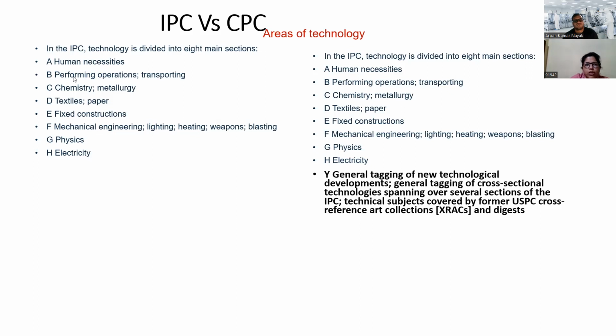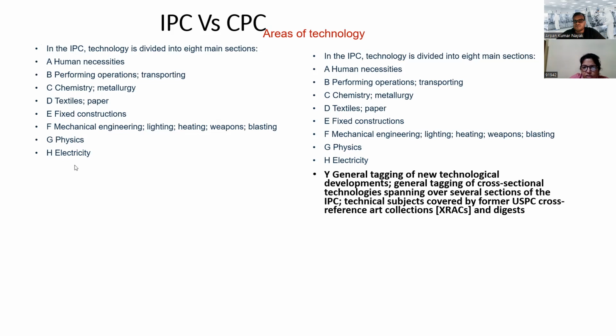If we have inventions related to performing operations and transporting, the section is B. Section C is for chemistry and metallurgy. Section D is for textiles and paper. Section E is for fixed constructions. And F is for mechanical engineering, lighting, heating, weapons and blasting; inventions related to these come under section F. G is for physics and H is for electricity.